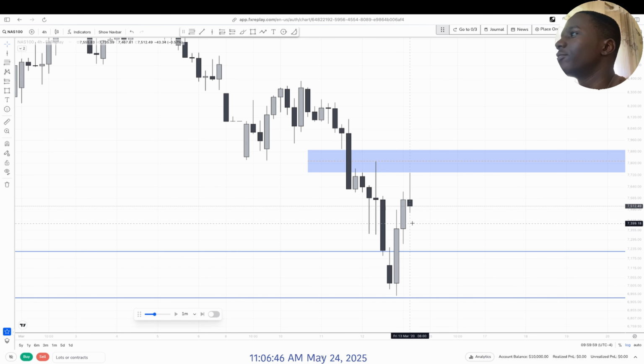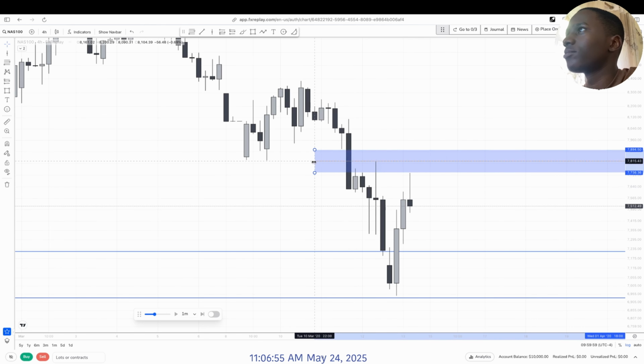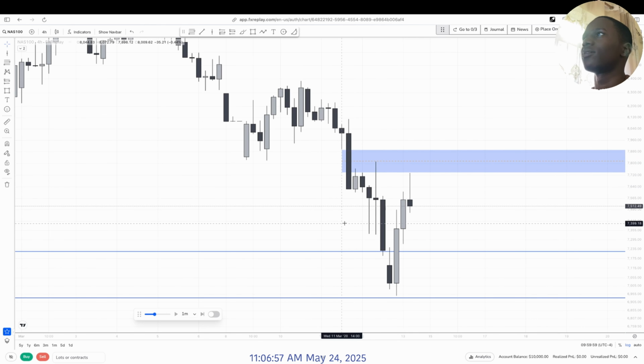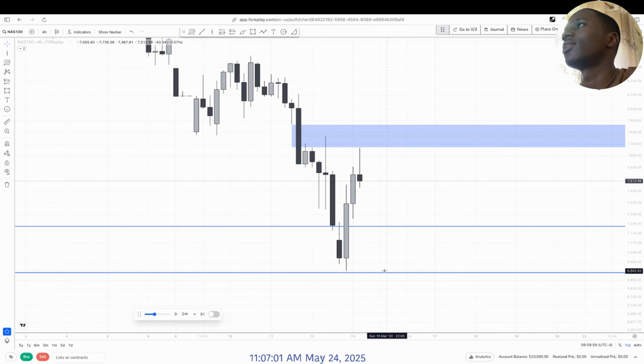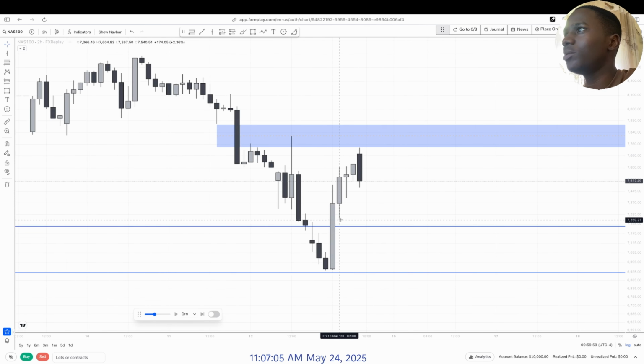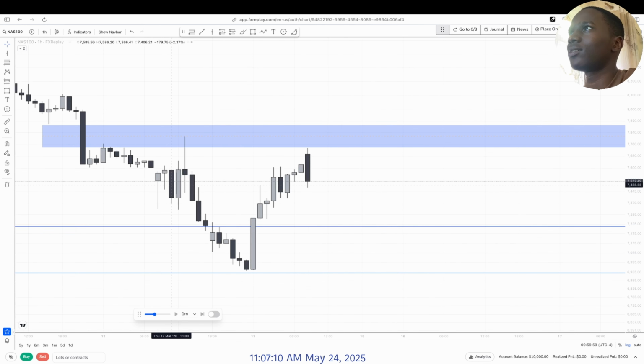So the 4 hour for 6, you can see it wanted to drop a bit as a reaction from this order block, which means that we might even push lower and take out this sell side. So now I go to the 2 hour. So we have a fair value gap here. 1 hour.